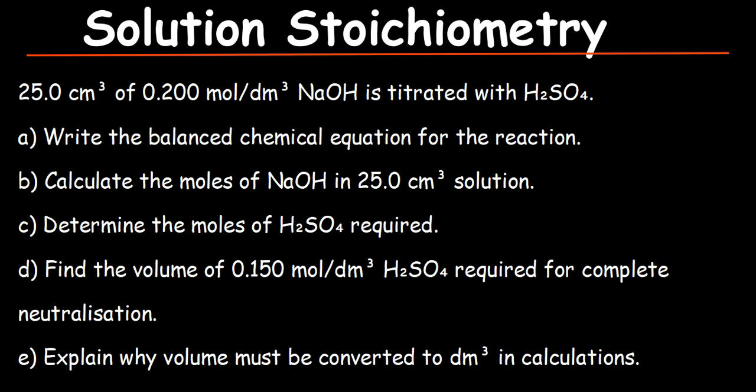We're taught to write the balanced chemical equation for the reaction, calculate the moles of sodium hydroxide in 25 cubic centimeters of solution, determine the moles of sulfuric acid required, find the volume of sulfuric acid required for complete neutralization, and explain why volume must be converted to dm cubed in calculations.